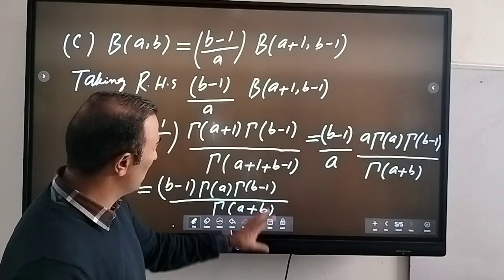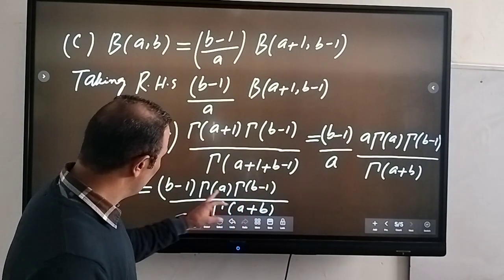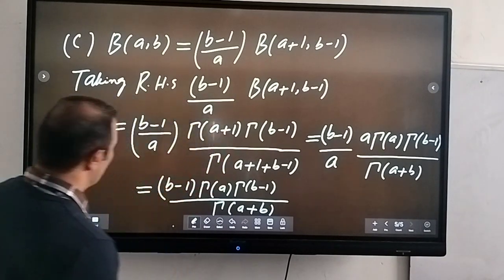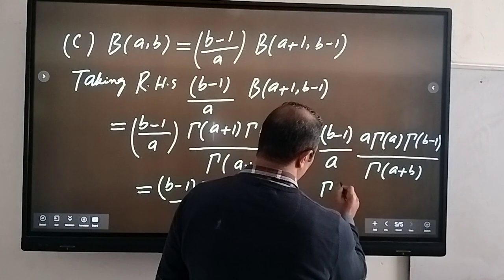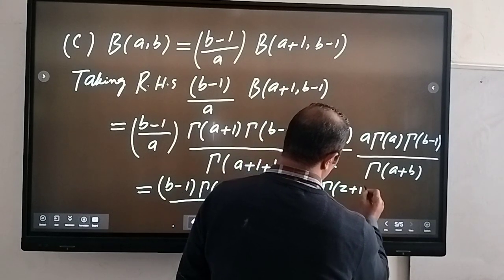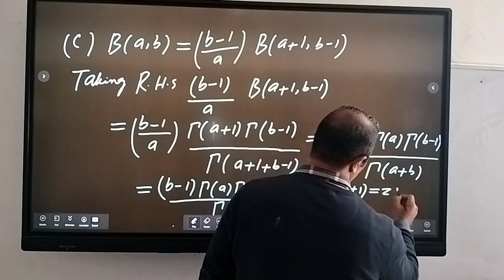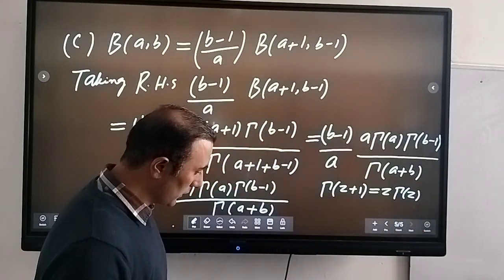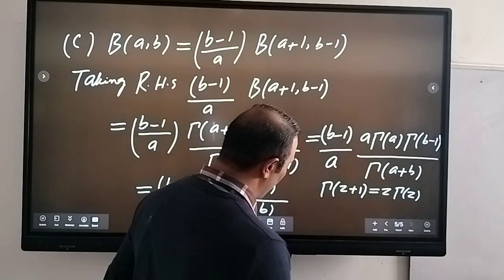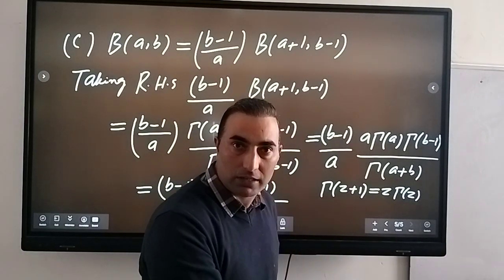Now what's in the numerator? So this relation. If you remember that gamma of Z plus 1 is equal to Z gamma Z, right? Or you can rewrite this if you shift that Z to Z minus 1.